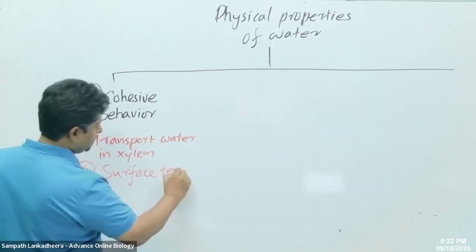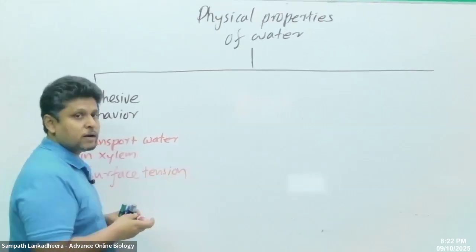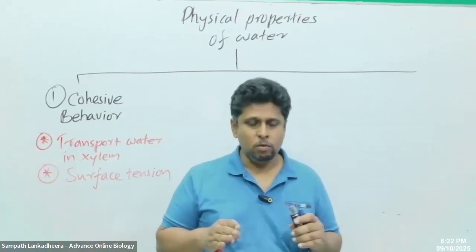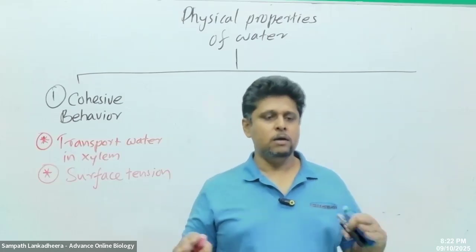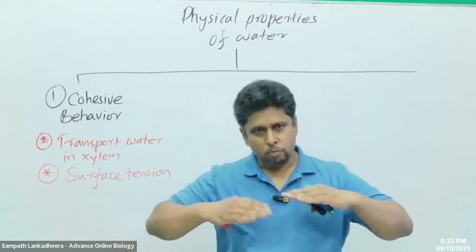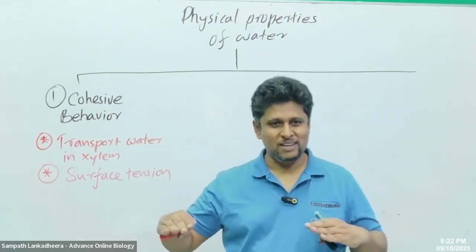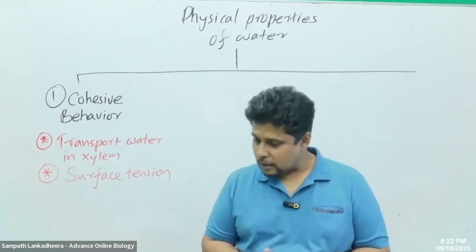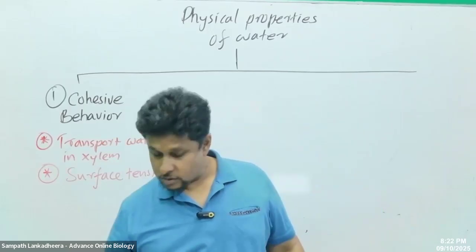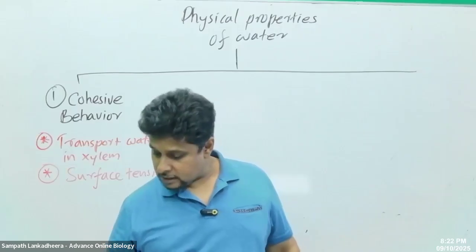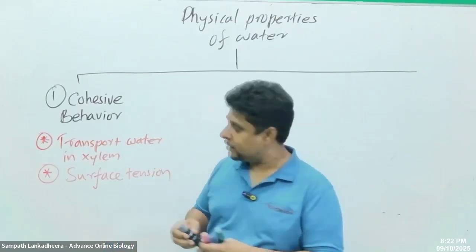Due to surface tension, what happens? The water surface acts as a habitat for some of the organisms. They can walk on the surface of water. That comes because of the cohesive behavior.